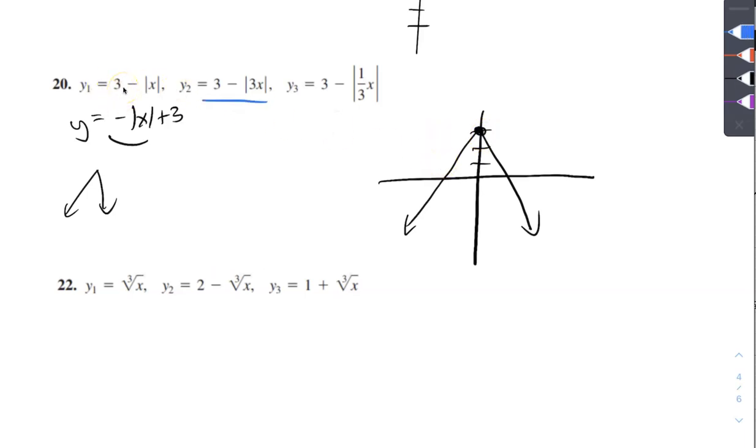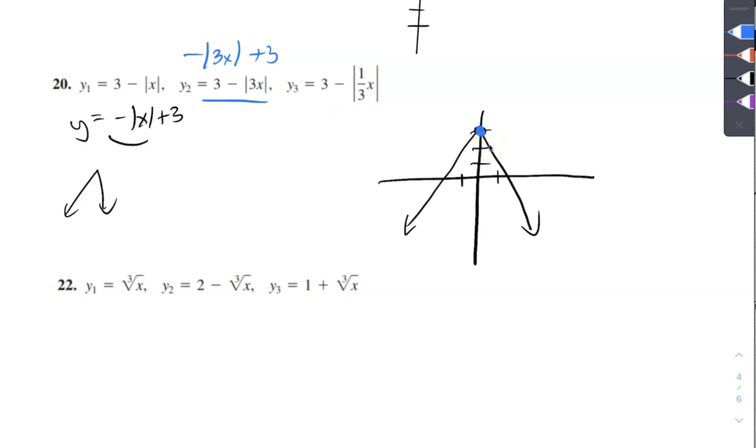Next one, we do the same thing, rewrite it for us, negative absolute value of 3x plus 3. So we're starting at 3 again. And it also opens down. Now there's a 3 on the inside. So that means we're going to divide our x values by 3. So one way to look at this is like, normally here we go 1 over 1, down 1. Well, here, remember our x gets divided by 3, so we're going to go over like a third and then down 1.